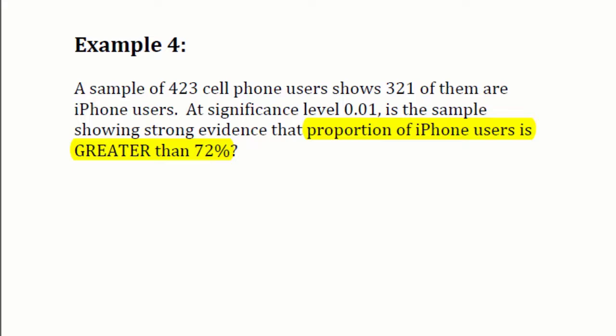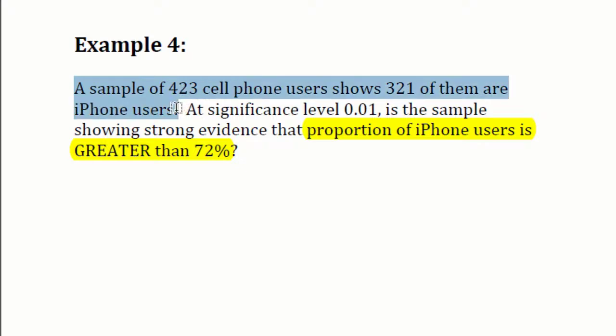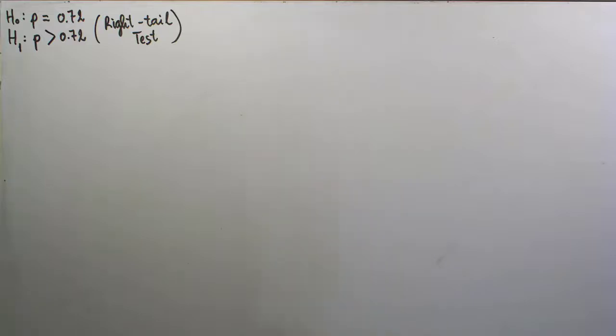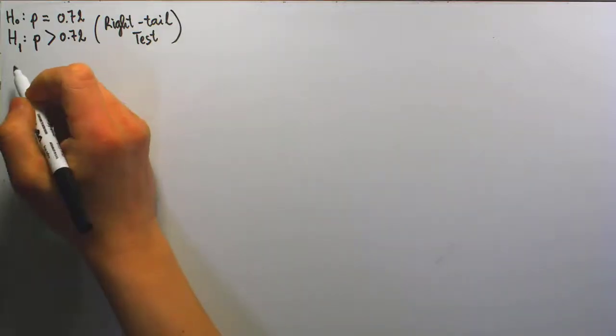And now let's look back at our wording of the example to find out some further information regarding our sample. What it says here: a sample of 423 cell phone users shows 321 of them are iPhone users. So this line right here is telling us all of the information about our sample proportion. From the wording, this is what I know.